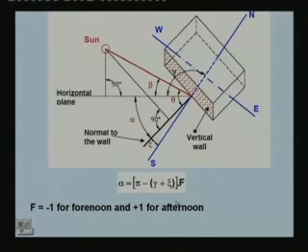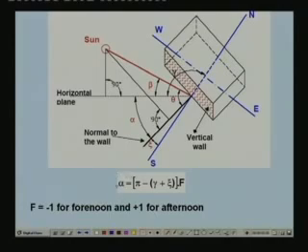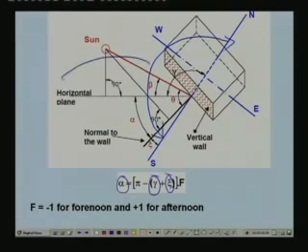Now, you can easily find a relationship between alpha, that is surface solar azimuth or wall solar azimuth angle alpha, and the solar azimuth angle gamma, and surface azimuth angle zeta. If you look at this picture, this total angle is 180 degrees. So 180 degrees is equal to gamma, this angle, plus alpha, this angle, plus zeta, for this particular case.